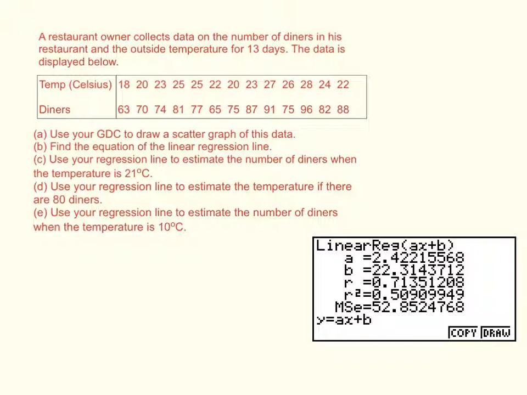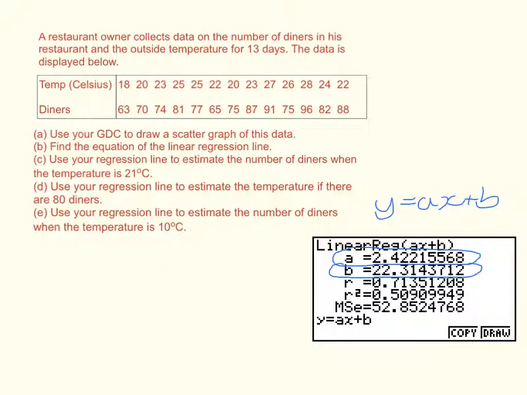And from this we can see if we have the equation y equals AX plus B, we have A is 2.42 and we have B is 22.31.